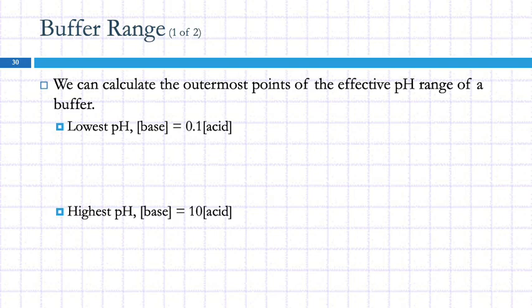We can calculate the outermost points of the effective pH range. And we're going to use that 10-fold measure. So the lowest pH is where the base is equal to 0.1 of the acid.